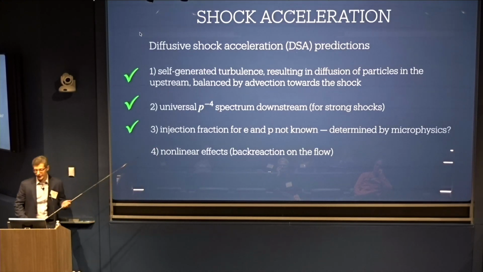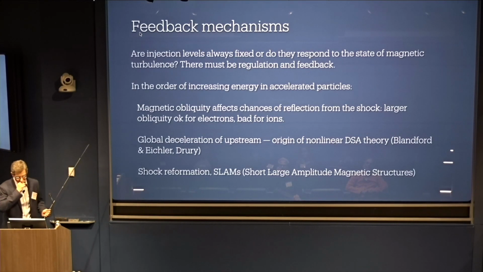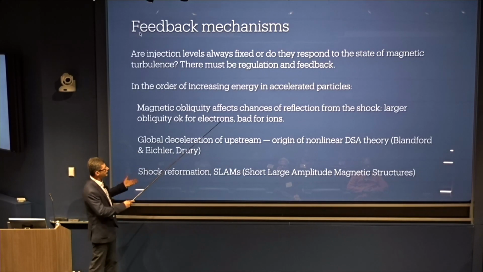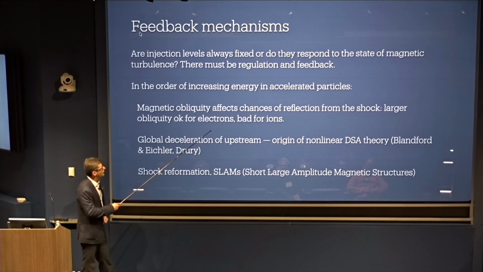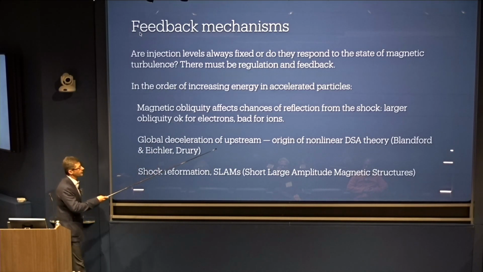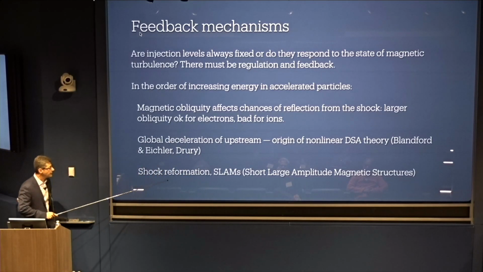What about nonlinear effects? For nonlinearities, in order of increasing particle energy, we expect that the magnetic field obliquity will change the reflection from the shock. So more oblique shocks will reflect less.